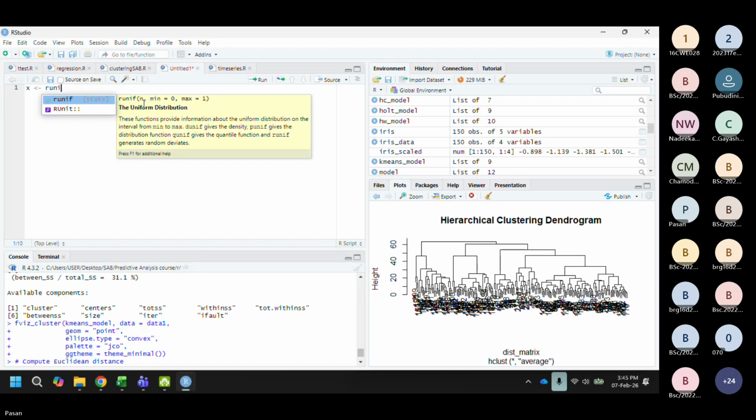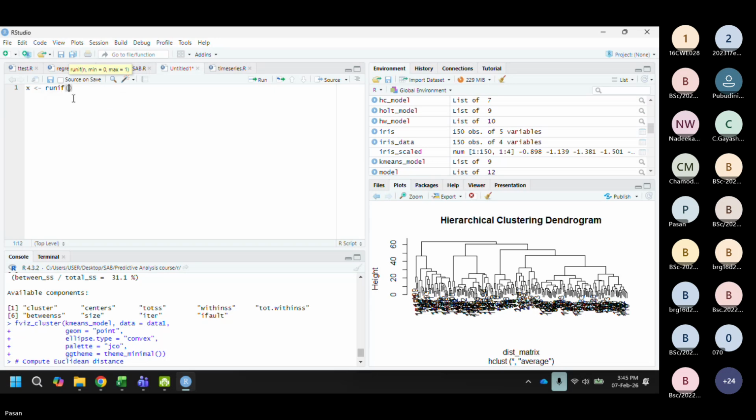So I can give the runif command, right? So in the runif command, it allows me to generate any number of random numbers, right? And then I can give the range of that. So I can give that.